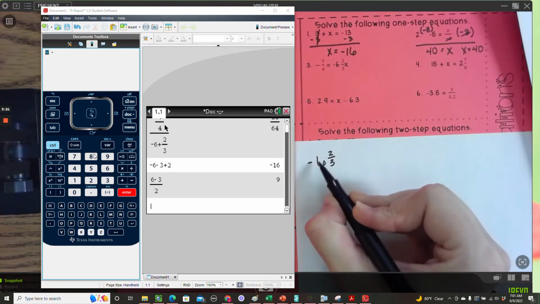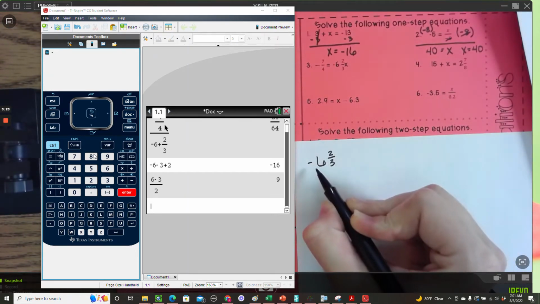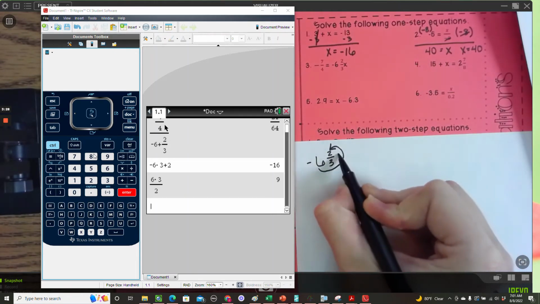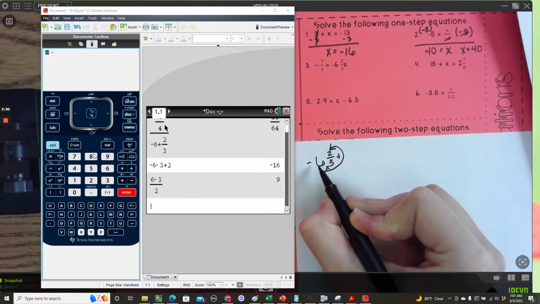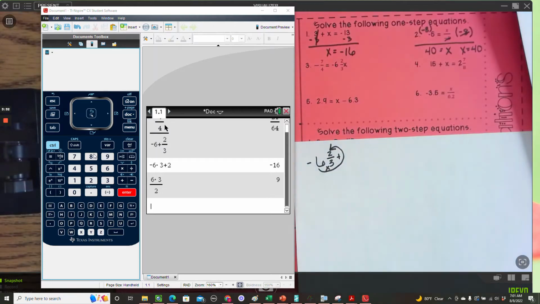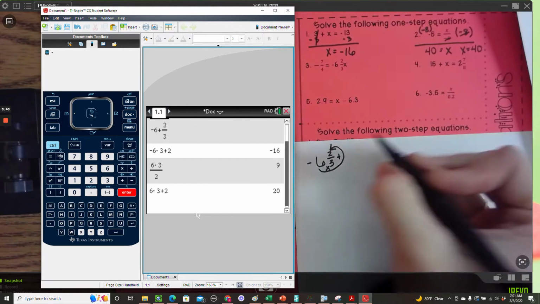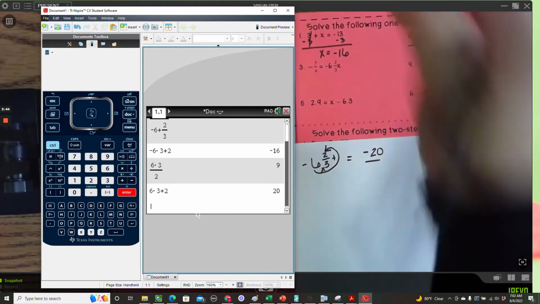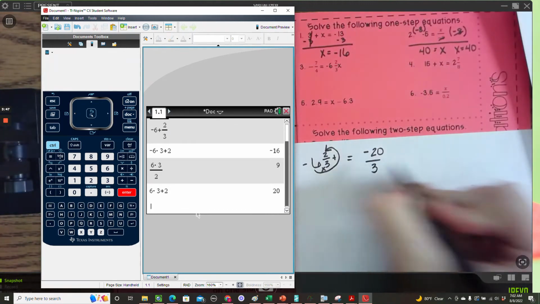So negative 6 2/3. To turn this into an improper fraction, we do the walk around Texas. So you would do 6 times 3 plus 2, and that would give me 20. So that would go on top, and I just carry that negative sign over, and then the 3 would go on the bottom.